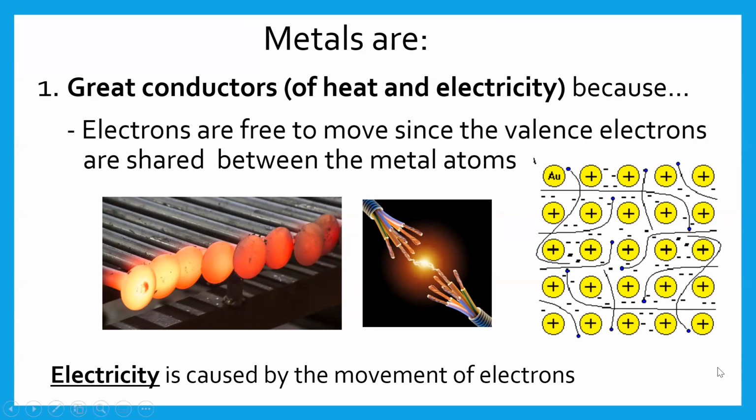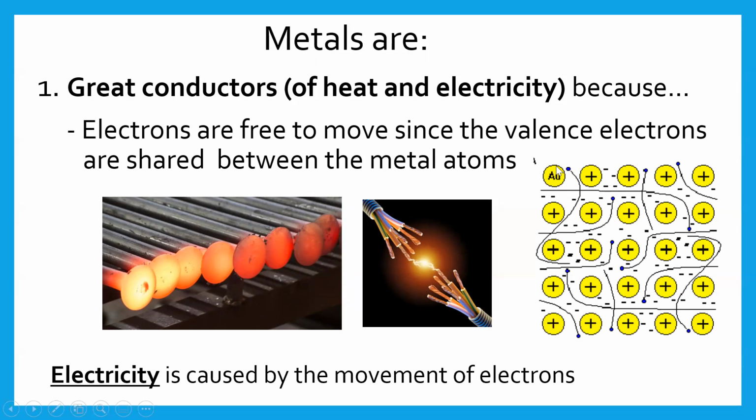So if you look at this picture, we have gold. Pretend this is a block of gold. You have a gold atom and another gold atom and another gold atom. These are all going to be positive ions. The electrons are represented by these little dots or dashes. What happens is this gold electron is attracted to this atom of gold, and this gold electron is attracted to this atom of gold, and this gold electron is attracted to this atom.